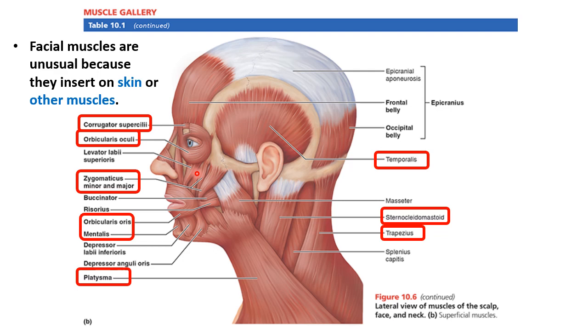What happens when you contract that muscle? You frown. So you should know your happy muscles and your frowning muscles. Hopefully we're going to use a lot more of the zygomaticus minor and major during the tests than your corrugator supercilii.